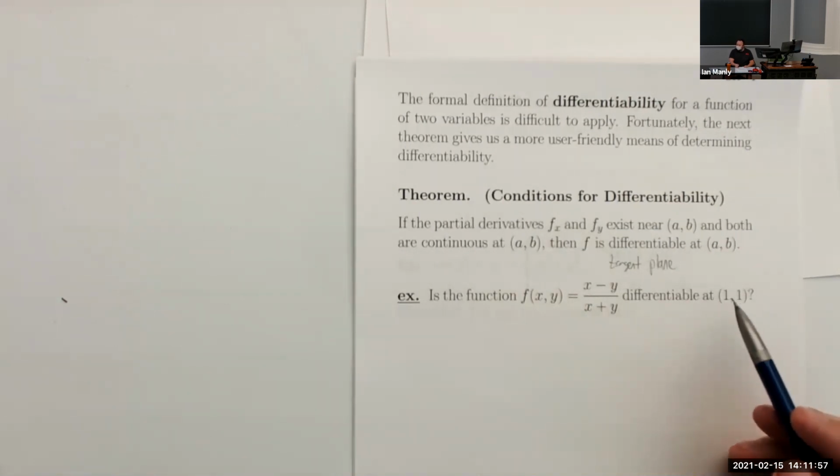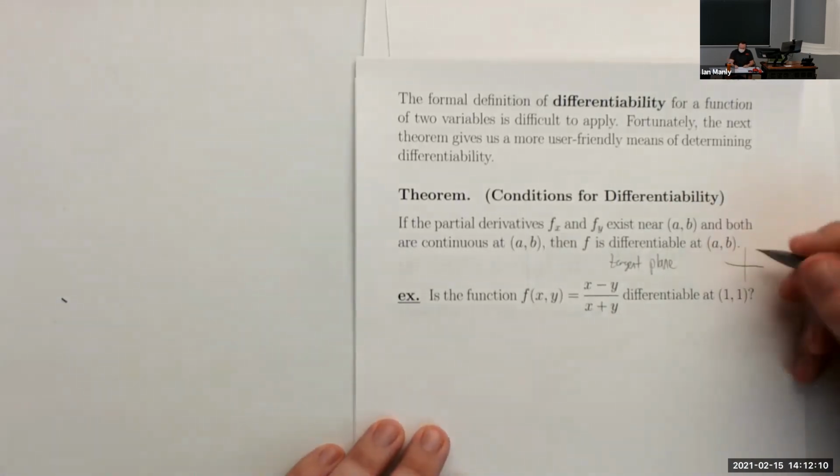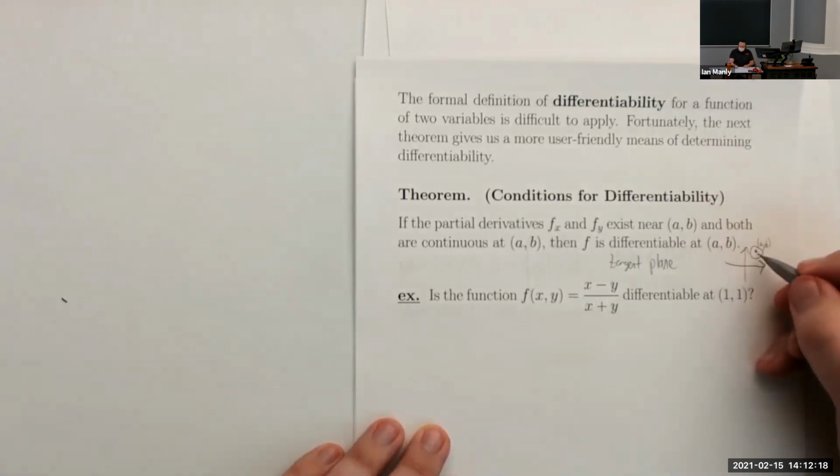How close does it need to be near? To be more specific about that, that would get into the delta epsilon kind of things. It means that if this is our plane right here, and this is AB, you can draw a circle around AB, and it's going to be continuous all within that circle.